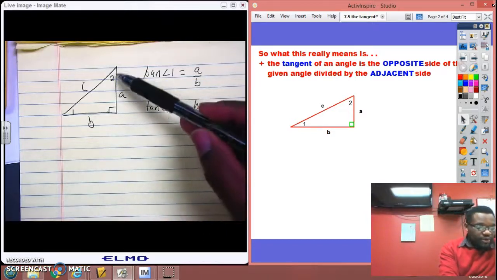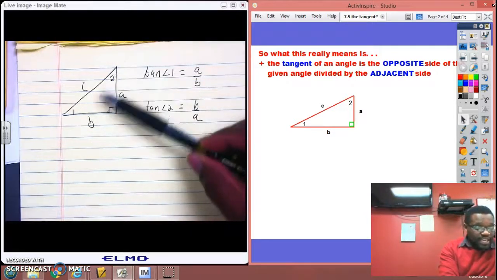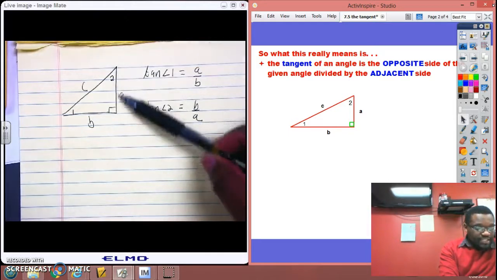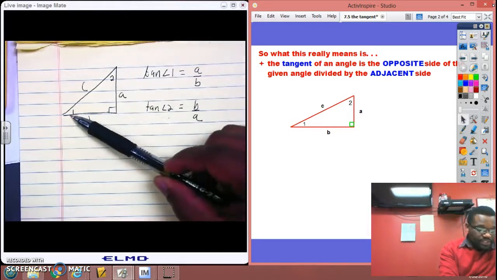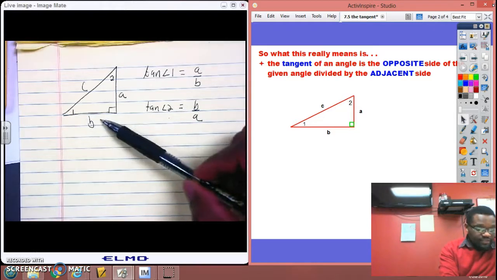They're still the same ratio, but opposite for this angle and adjacent for this angle is different than opposite for this angle and adjacent for this angle.